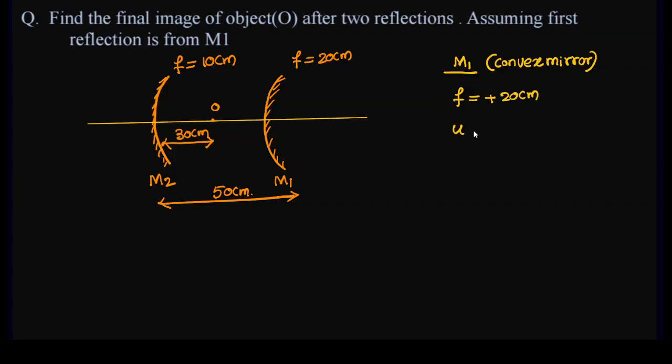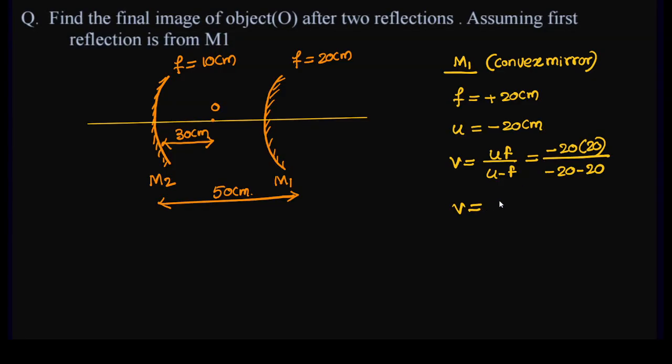So U is how much? Minus 20. So V is equal to UF by U minus F, which is equal to minus 20 into 20 by minus 20 minus 20.